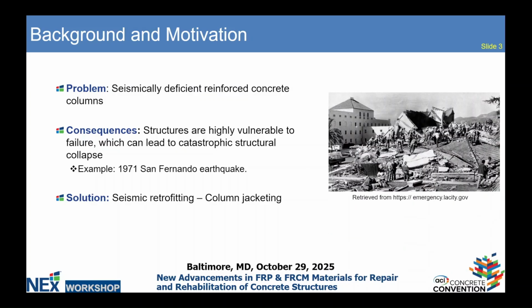If you have witnessed some major earthquake events, one of the most famous is the 1971 San Fernando earthquake. As a solution for this, seismic retrofitting comes in, and one example is column jacketing. This is what we are trying to do in this research: we're going to use FRCM jacketing to retrofit the columns.